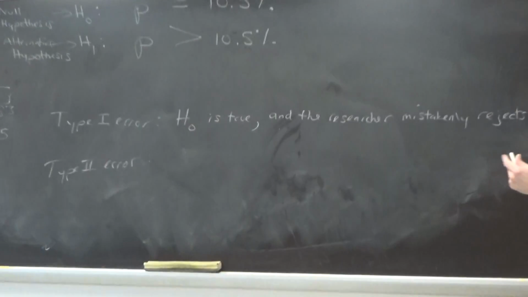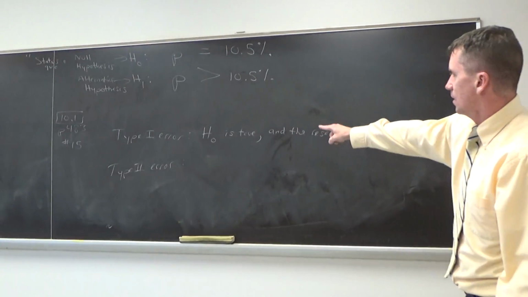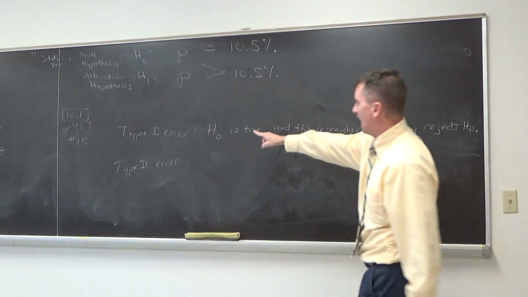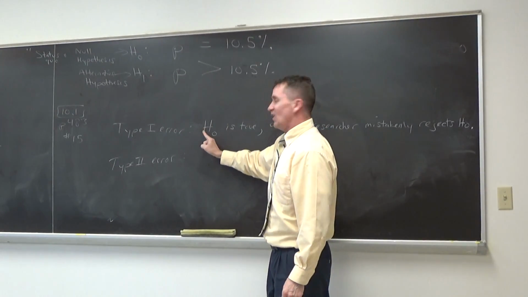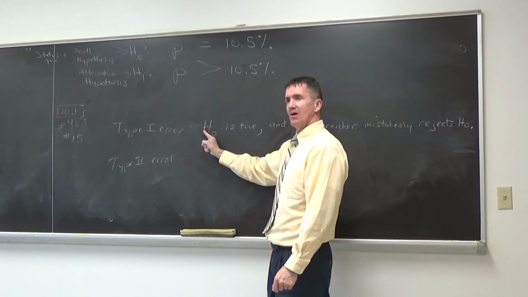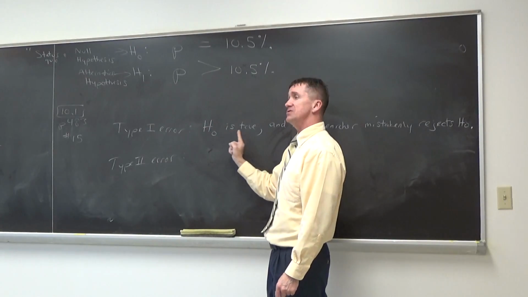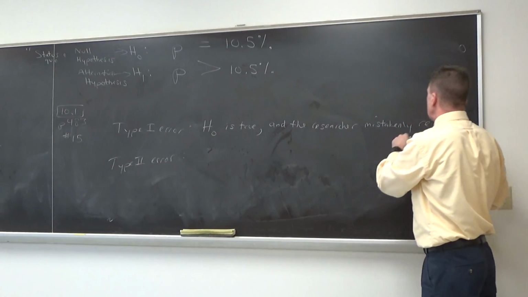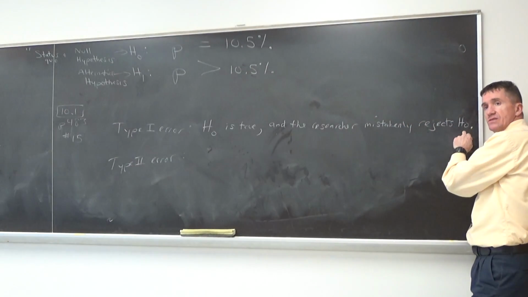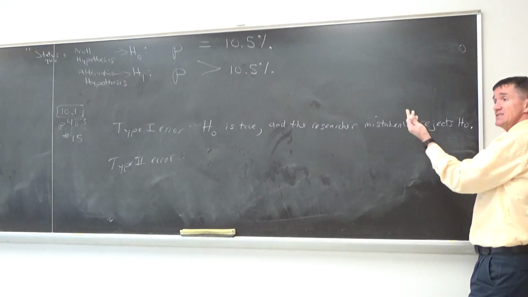Let me repeat this because I know a lot of you are copying this. What's a type 1 error? It's when the H sub 0, the H not, is true, but the researcher does a hypothesis test and mistakenly rejects the null hypothesis, the H0. So that's the type 1 error.